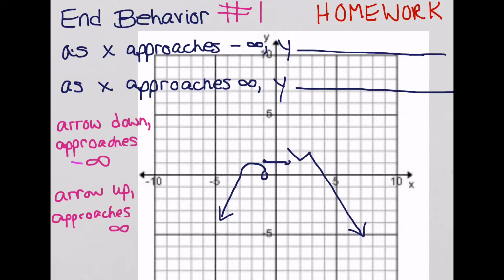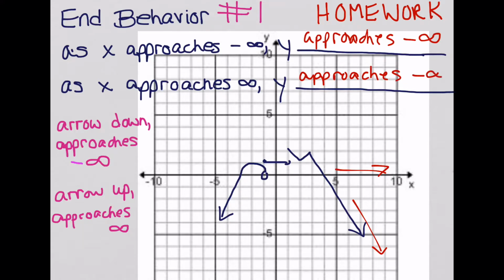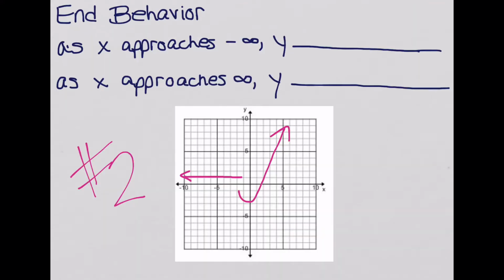Okay, so the answer for this one, if the arrow is pointing down, well, yep, on the left-hand side, the arrow is pointing down. So this is approaching negative infinity. And on the right, as we move out this way along our x-axis, our function just keeps going farther and farther down. So then y must be approaching negative infinity again. Both arrows pointing down, it's going down to negative infinity on both sides.